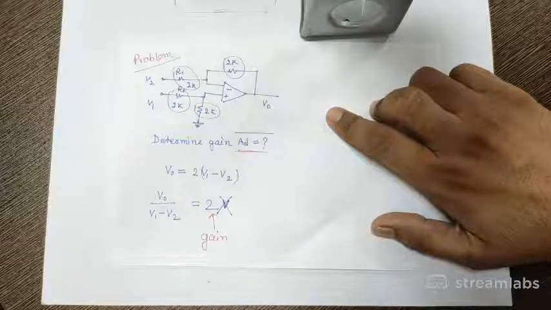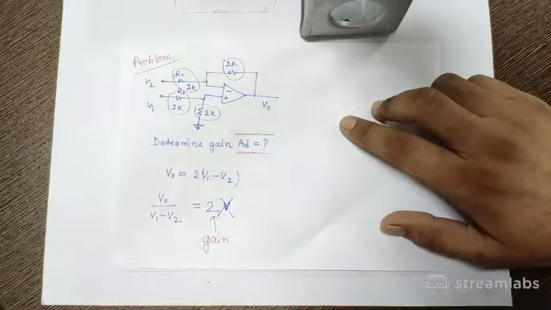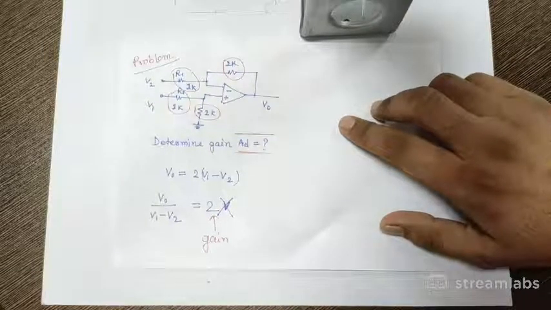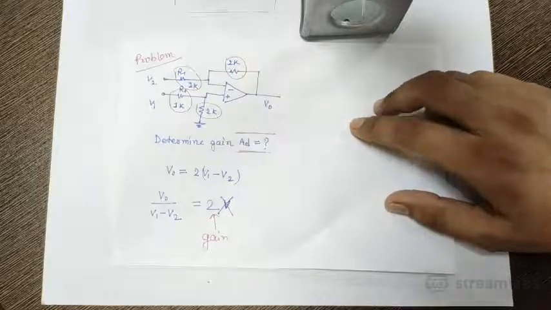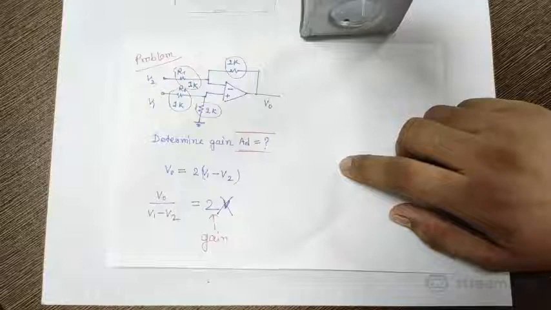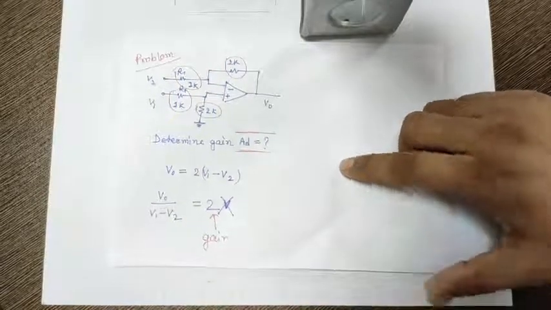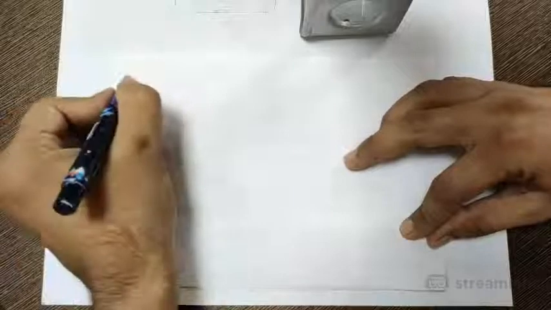Okay, so I hope you have understood the two topics that I told. The first topic was the equivalent circuit of operational amplifier. The second topic was determination of gain in the circuits of operational amplifier. The third topic of today's class is transfer characteristics.